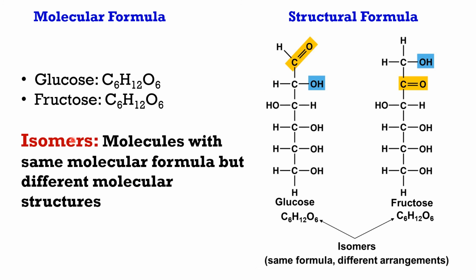So here, when we have 2 different compounds that have the same number of atoms of each type, they are called isomers. An isomer means that they're basically the same, but they have different structures. So they'll have the same molecular formula, but they'll have different structural formulas. And it does matter what direction these things are facing.